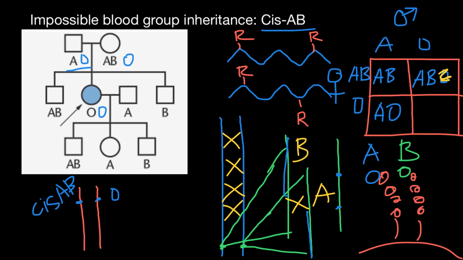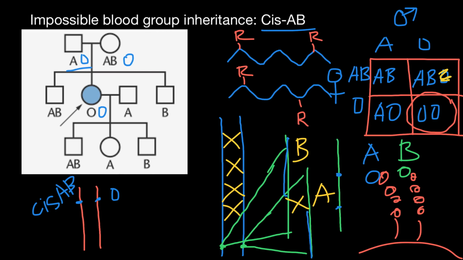And again, we also can see in the progeny that one parent can give allele O, and another parent also can give allele O. So in the progeny we can see an impossible phenotype.